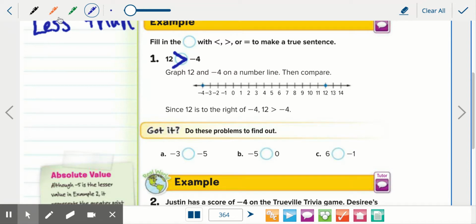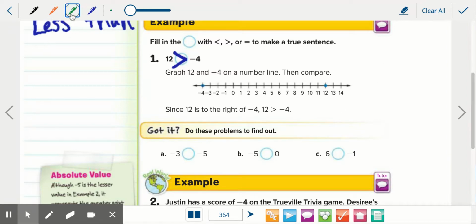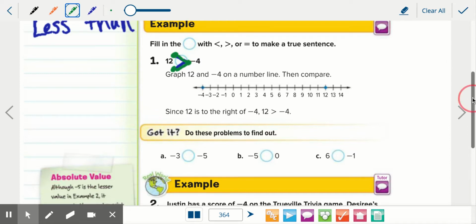If for some reason you still struggle with the greater than or less than sign, one of the other ways that I like to do is 12 is greater than -4, correct? So 12 gets 2 dots, and the -4 gets 1 dot, and we connect them, and it makes our symbol. So you can remember it by using the dots, or you can remember it by it eats the larger number. Either way.